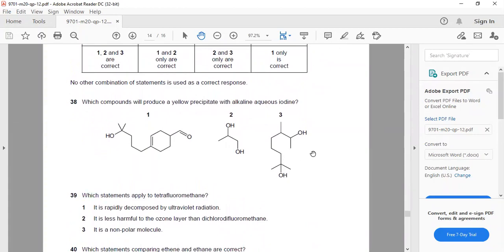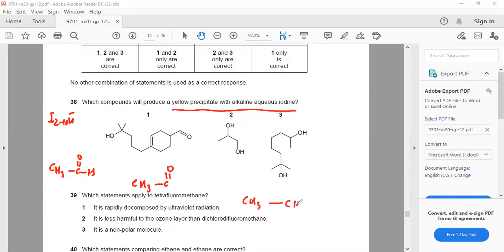38. Which statement applies to... sorry, no, 38. This one: yellow precipitate with alkaline iodine. You must know which compound gives it. Only one aldehyde does, the triiodomethane test. All ketones having this group and all alcohols having this group.